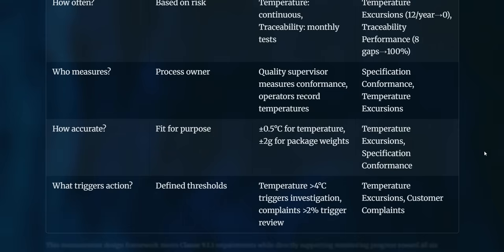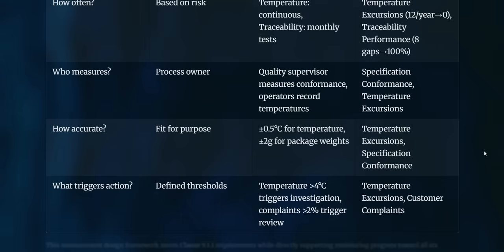In our example in Global Meat House, the measurement of temperature should be plus or minus 0.5 Celsius, and the packing weight should be plus or minus 2 grams. The objectives linked to this accuracy include temperature excursion and specifications conformance.